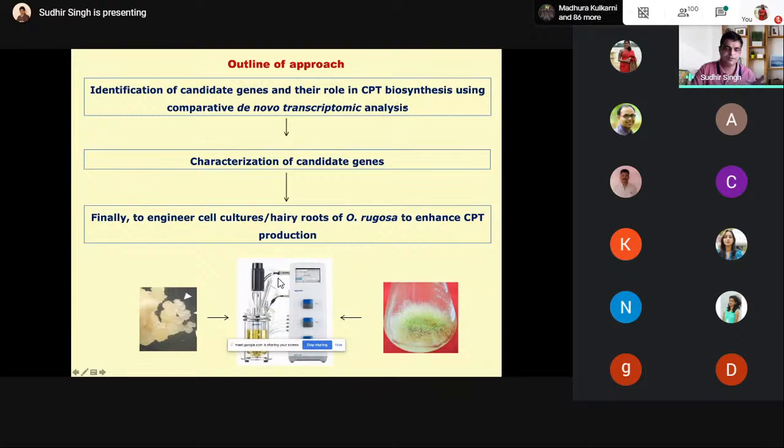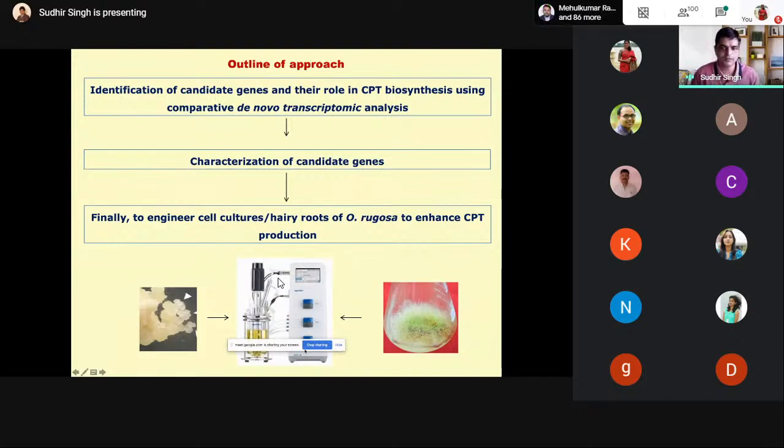Why de novo? Because there is no reference genome available for comparison. Characterization of candidate genes is the overall aim. Then we try to engineer the cell cultures and hairy root cultures of the target plant, here I mentioned Ophiorrhiza rugosa, to finally increase the CPT yield, and then take that to an optimized or standardized bioreactor setup.